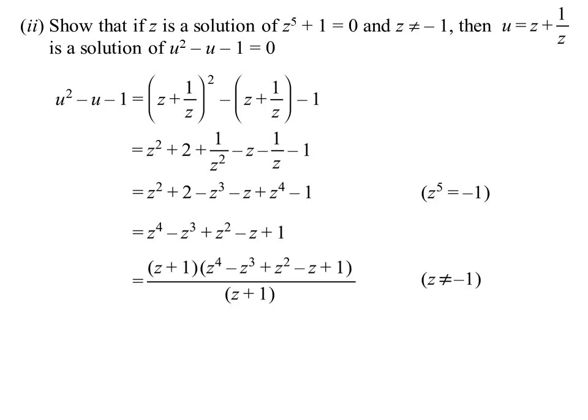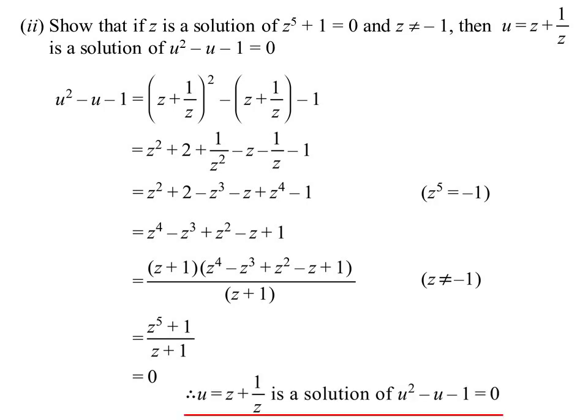I'm going to say, well, that's the same as this, but multiplied by z plus 1 and divided by z plus 1. That allows me to make the top z to the power of 5 plus 1, which we know is equal to 0. So we get 0. Remember, so what we've now done is u equals z plus 1 on z is indeed a solution to that quadratic. We now know that to be true.